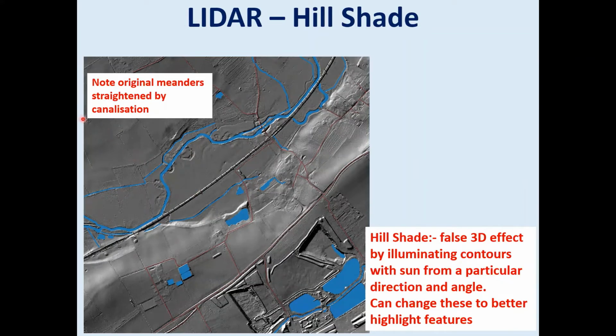In this one, the artificial sun is coming from the northwest. So you can see it's highlighting this ridge as you come up from the river. And if you look on this side over here in this big hole dug at the Rearsby Quarry, this side is in shadow because of the direction of the illumination.